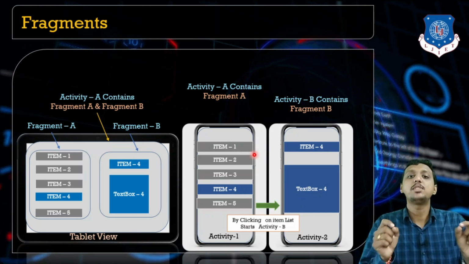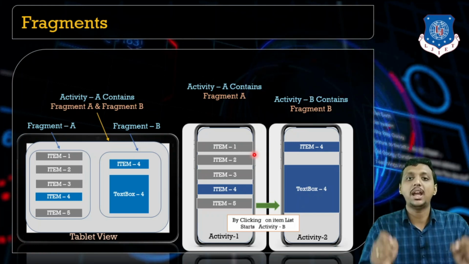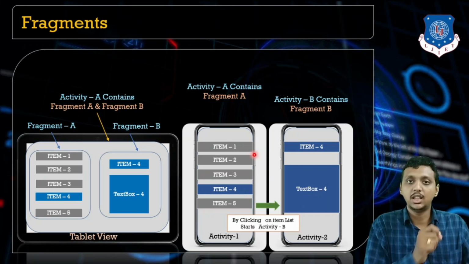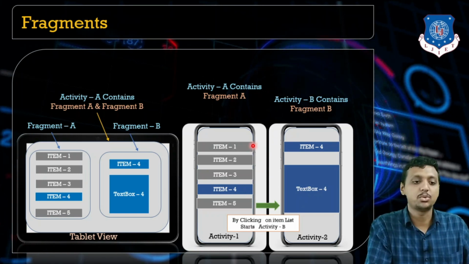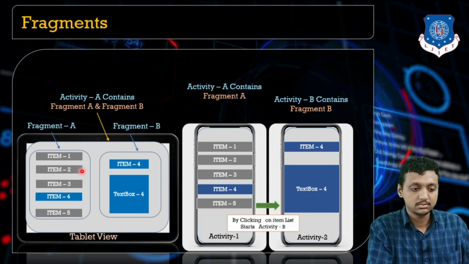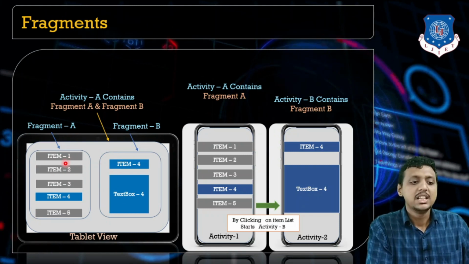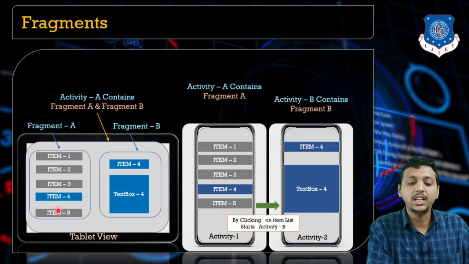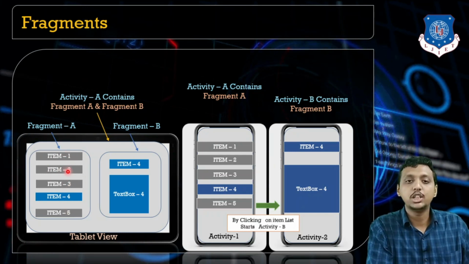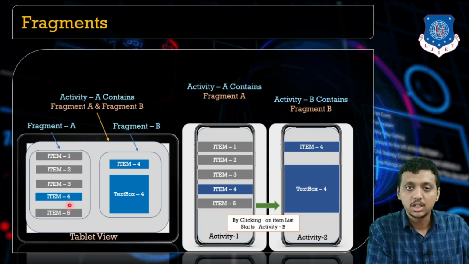Now, if I open this same activity on the tablet, then what happens? Check it out. In the tablet view, this is my list of items, like item 1, 2, 3 and 4.